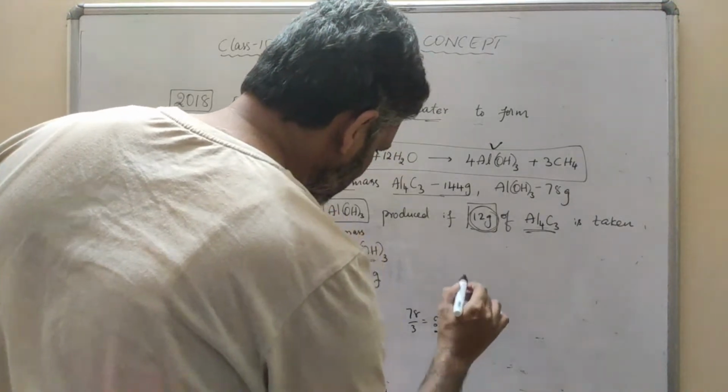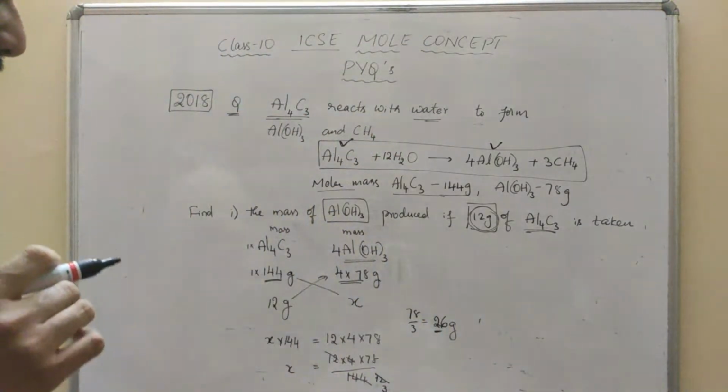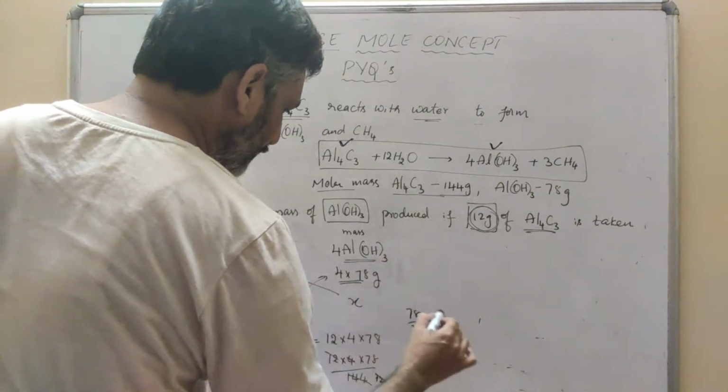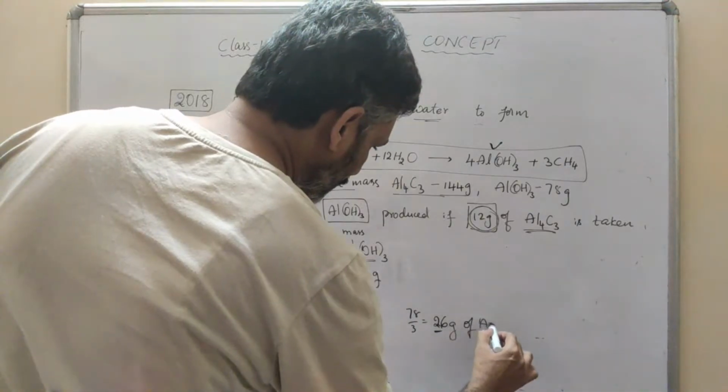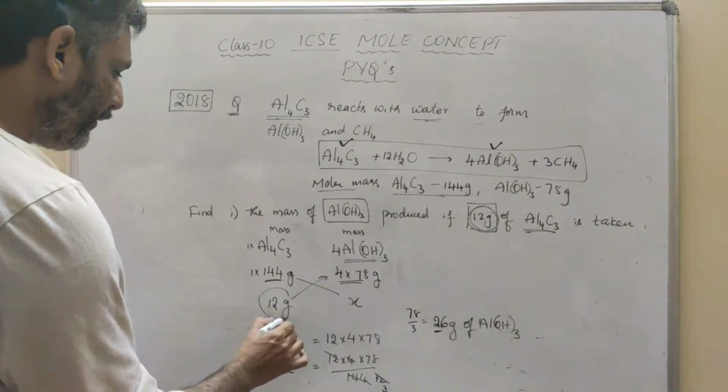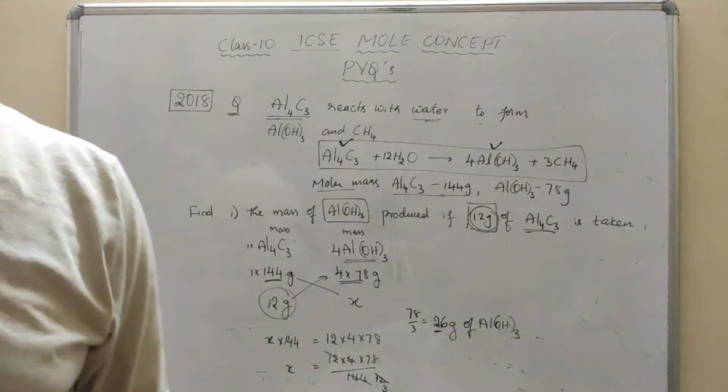So 26 grams of aluminium hydroxide is produced if you take 12 grams of aluminium carbide.